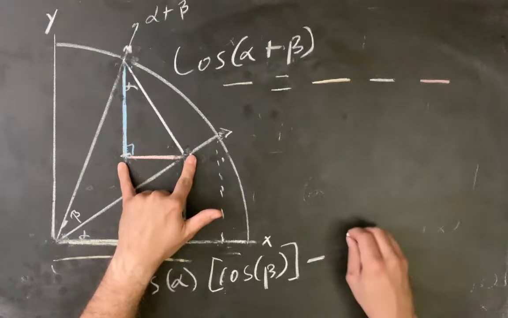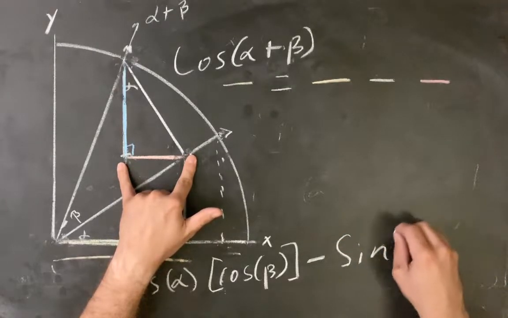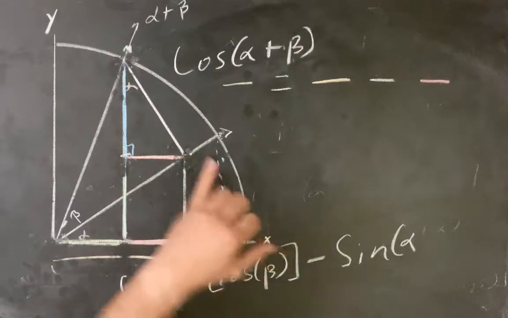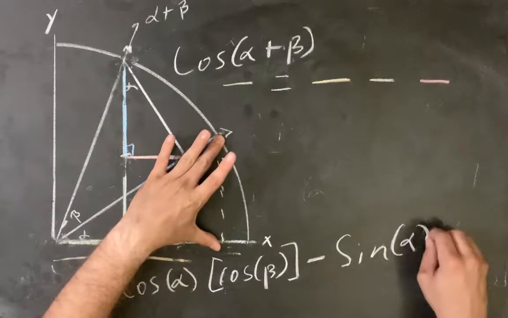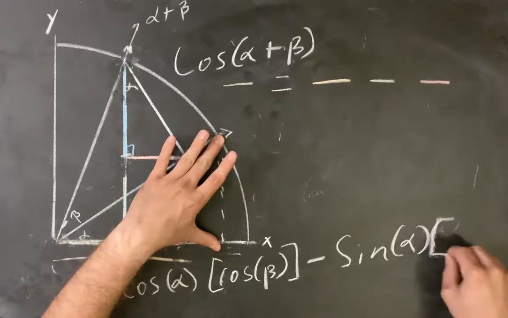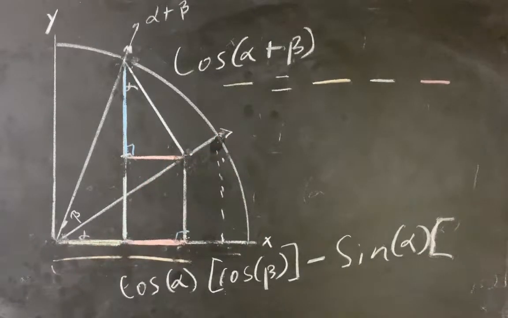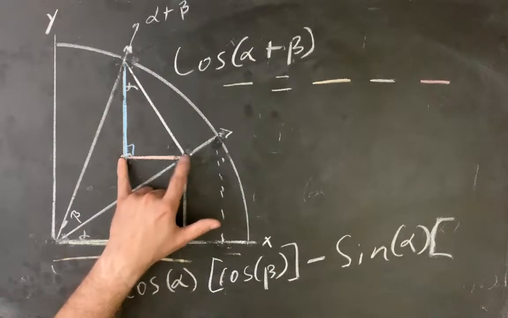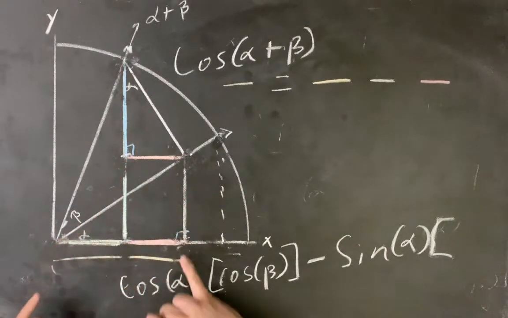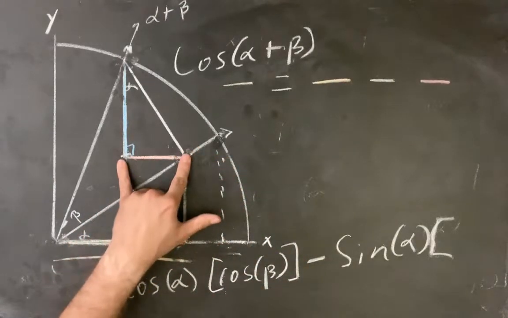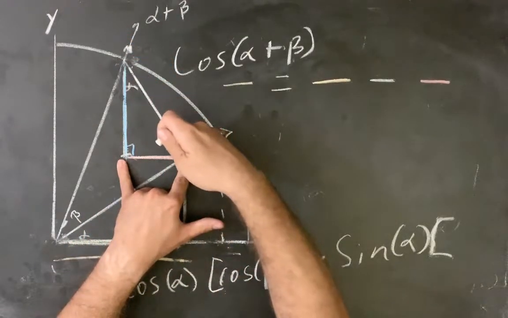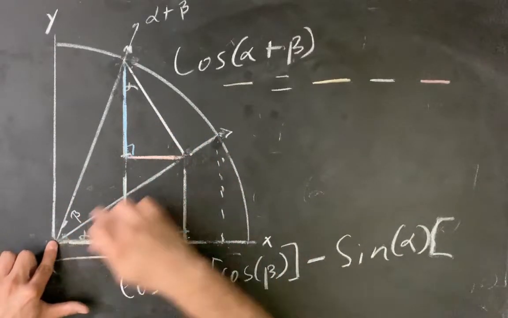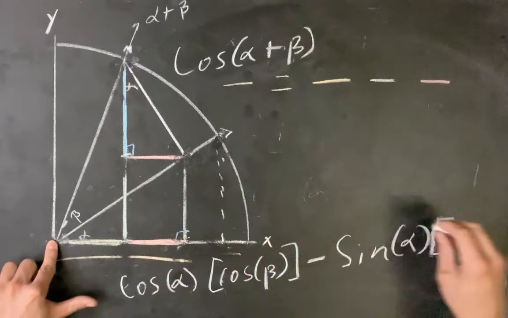So we're going to subtract this. We know it's going to be some sine length of alpha, but we know this sine length of alpha is way different from the actual sine length of alpha. So we know that we have a scaling factor here too. Now what's the scaling factor here? Let's follow it. So the scaling factor is from here, which would be here, but its scaling factor to what the hypotenuse is. And this hypotenuse is, look at this, the sine of beta.